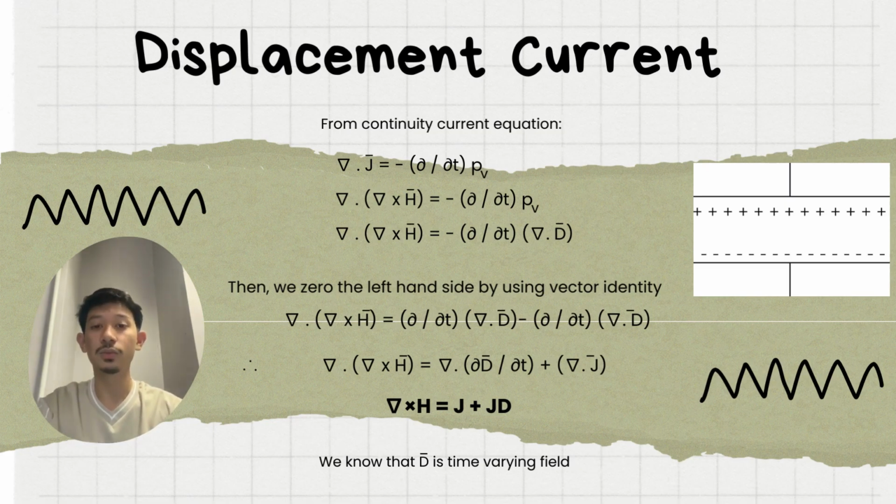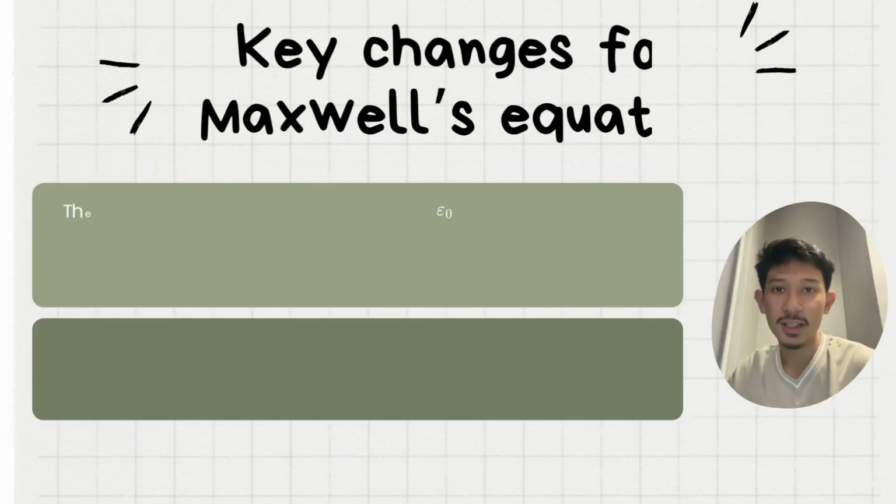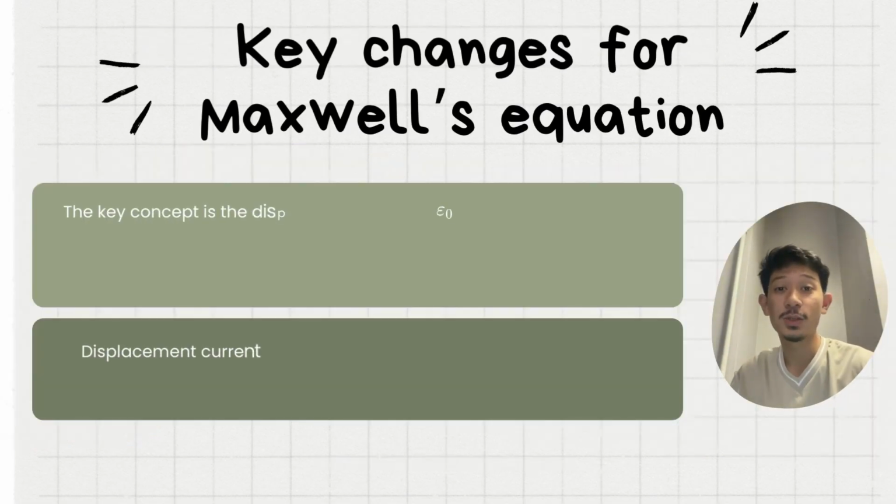And then we can change the vector J to the curl of H, and we will get the equation as the divergence of curl H is equal to negative d over dt of the divergence of D. And then we can solve the equation by setting zero on the left hand side using the vector identity, and we will get the Maxwell equation that the curl of H is equal to J plus JD.